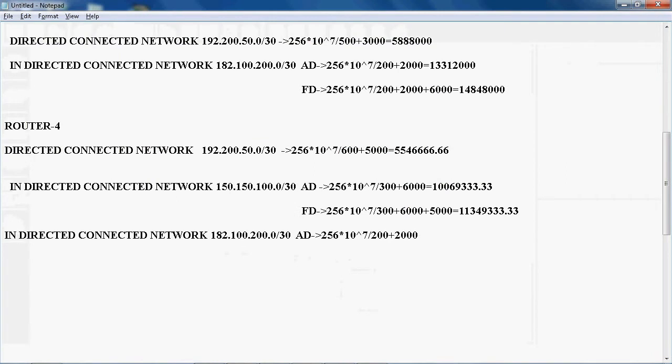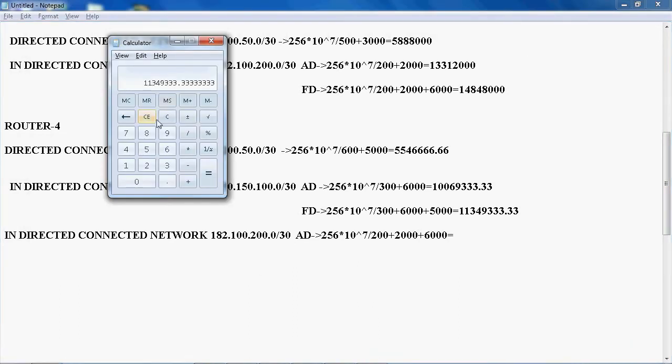So 2000 plus 6000 is equal to, we can calculate this value. 10 power 7 divided by 200, plus 2000, plus 6000, equal to, into 256.